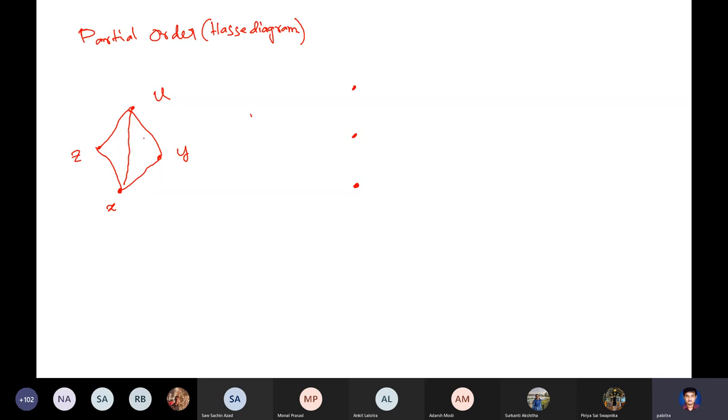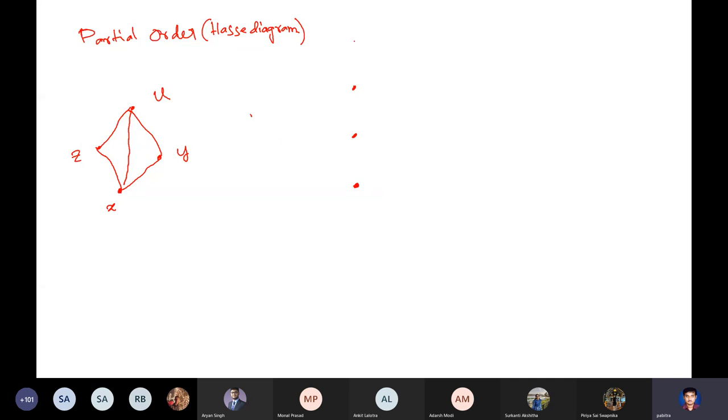Total order means if you pick any two nodes in this diagram, there will be a relation between them. In the Hasse diagram, we don't draw the transitivity, but you have to infer it. No, Z is not related to Y. Exactly, Z is not related to Y.